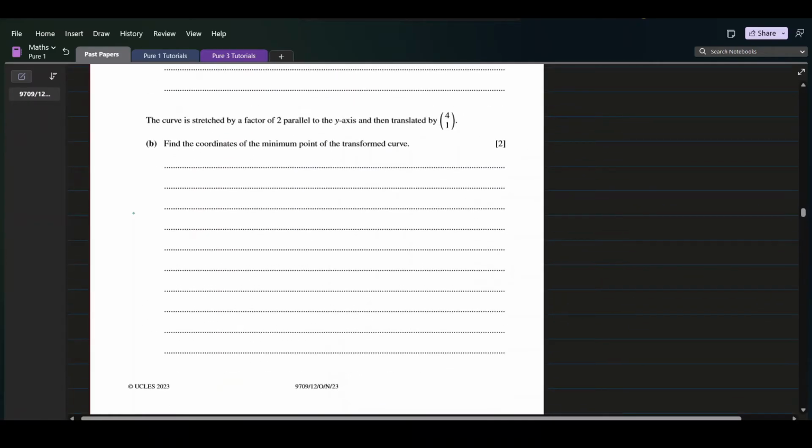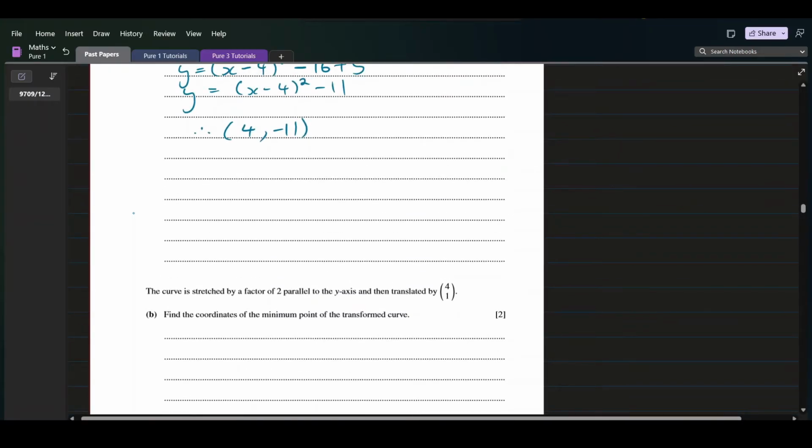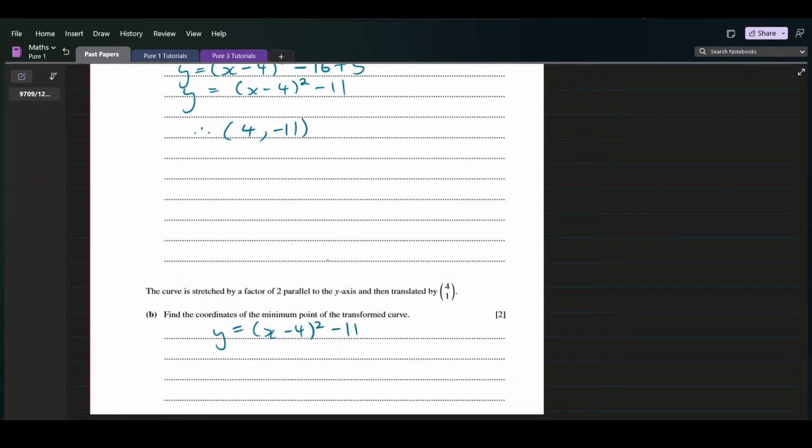The curve is stretched by a factor of 2 parallel to the y-axis and then translated by (4, 1). Part B. Find the coordinates of the minimum point of the transformed curve. Our curve from part A, in its completed square form, is x minus 4 squared minus 11.